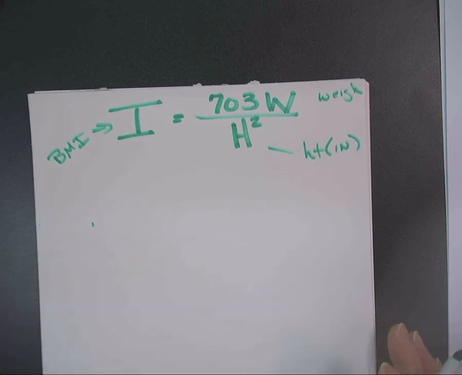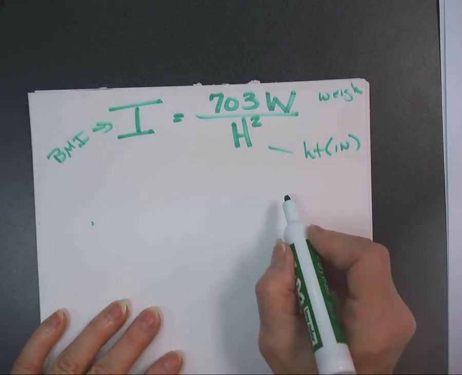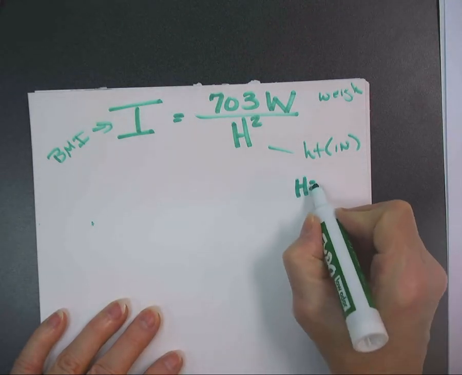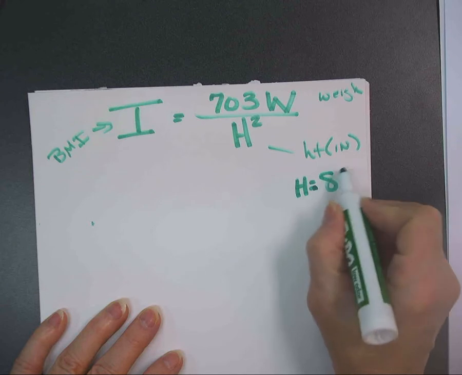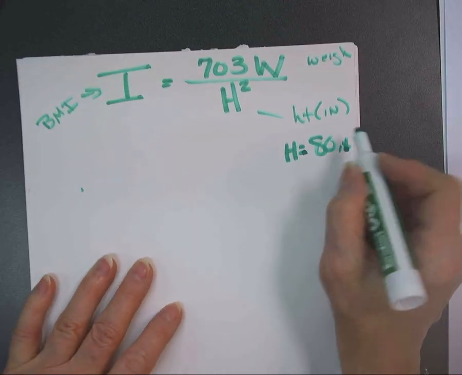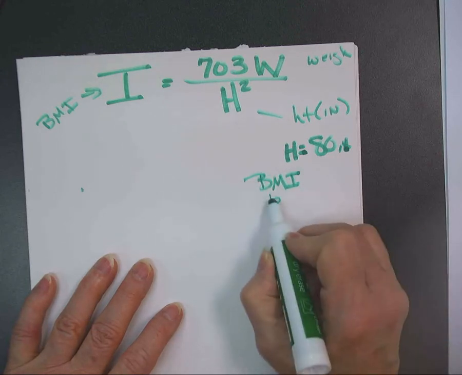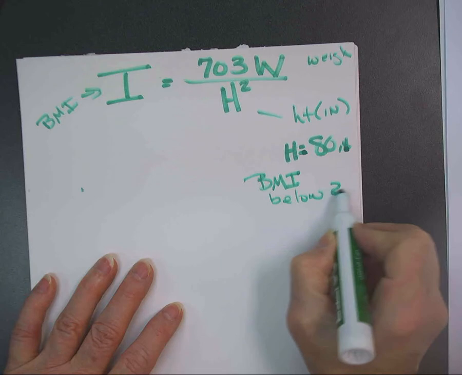So what is the weight if a person's height is 80 inches and you want to keep the BMI below 21?